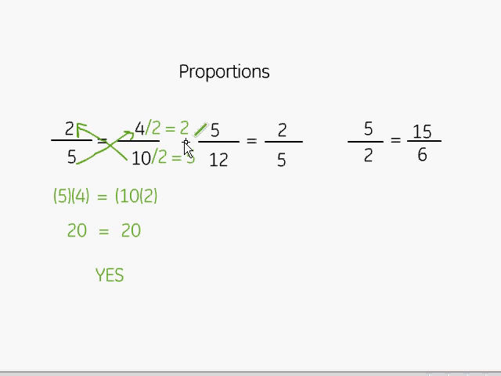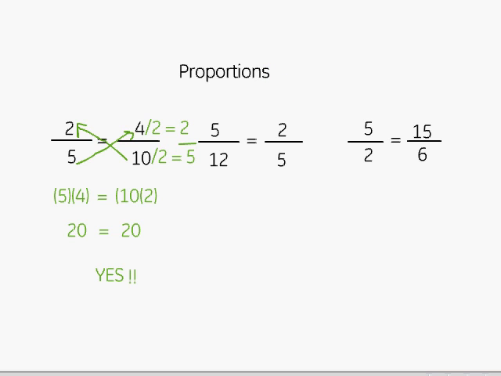So then I notice that 4/10 actually reduces to 2 over 5, or the ratio 2/5. 2/5 is then equivalent to or equal to 2/5. So either way, we find out that this is in fact a proportion. So yes, 2/5 and 4/10 make a proportion.